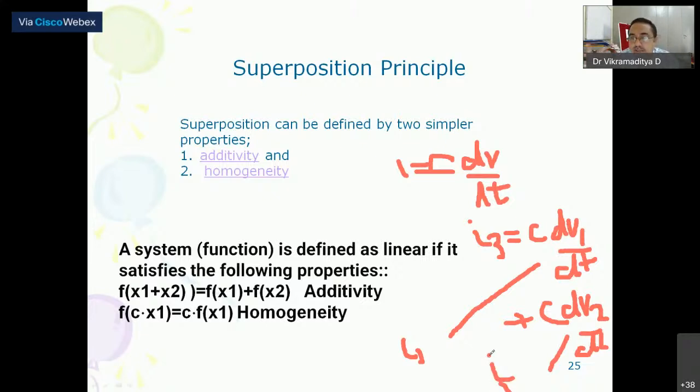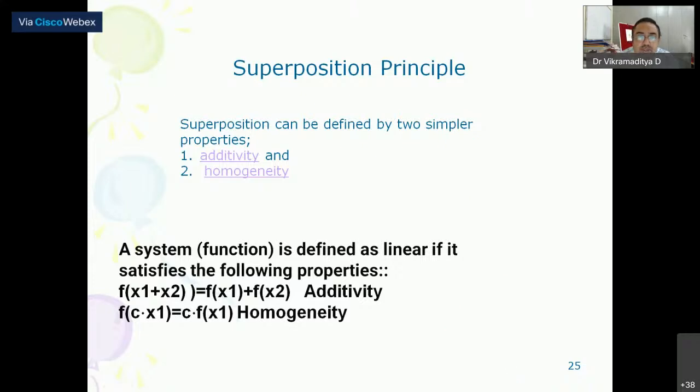So we got that I3 is equal to I1 plus I2. Similarly, you can verify the homogeneity principle. So from there, it is very clear that an ideal capacitor is also a linear element.